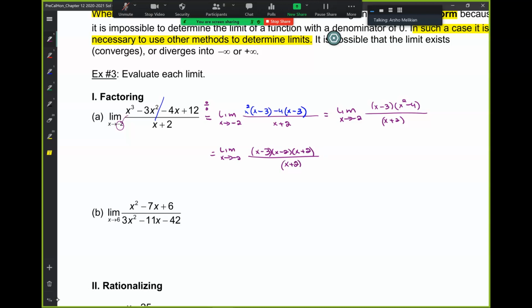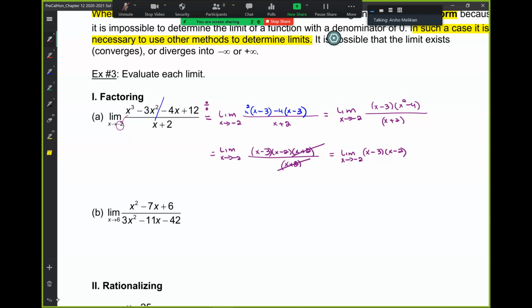Okay, look at what happens now. Remember how we were getting 0 over 0? Look, you cancel them out. What was giving you a 0 in the denominator just went away. You removed the problem, right? So now what you have left is the limit as x approaches -2, x minus 3, x minus 2. Now we plug in the -2, okay?